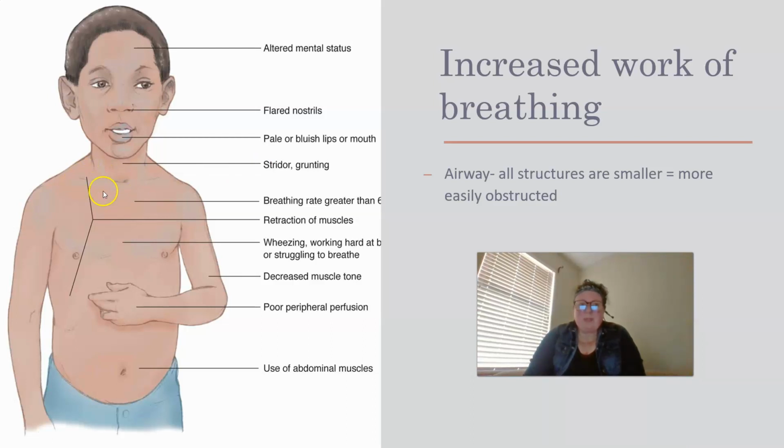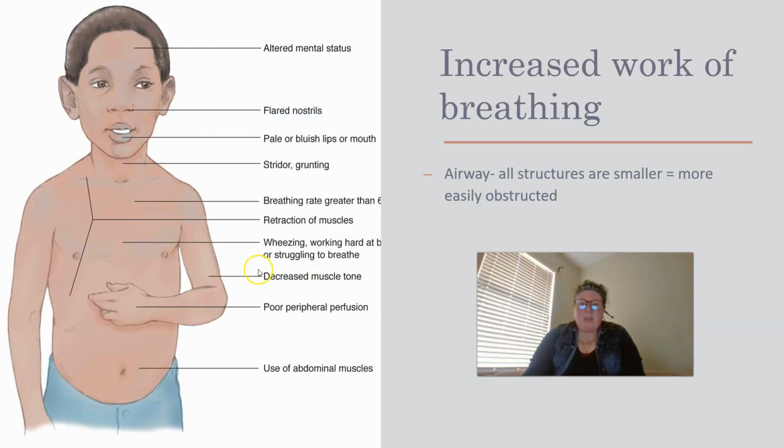We're going to look at suprasternal, right here where my cursor is, just above the sternum, supraclavicular above the clavicles, intercostal in the middle of the ribs. We can have subxiphoid or substernal underneath the sternum. Those are all retractions and increased work of breathing. We could have tachypnea or breathing rate greater than 60.